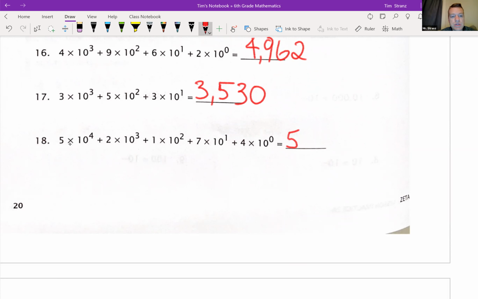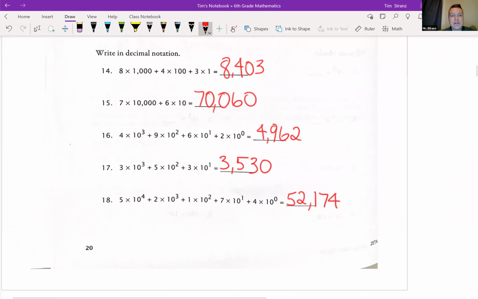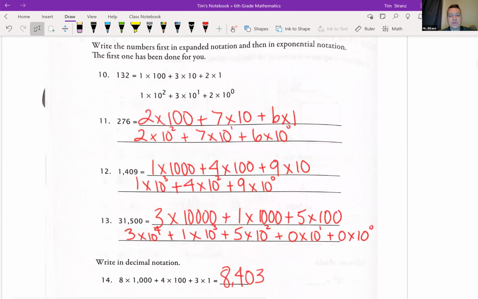Okay, 50,000. 2 times 10 to the 3rd is going to be 52,000. So we got 52,000. 1 times 10 to the 2nd is going to be 174. Okay, so that is expanded notation, decimal notation, and exponential notation.